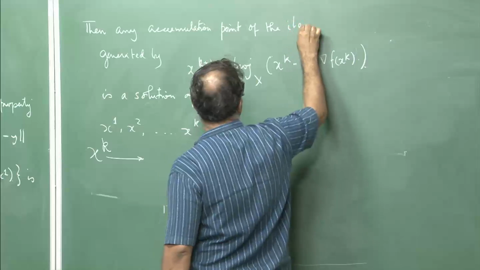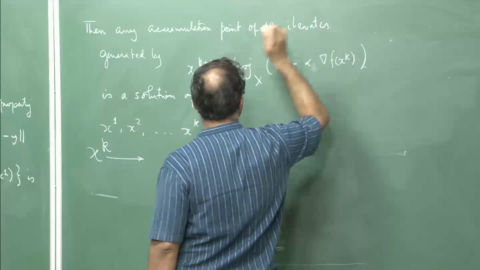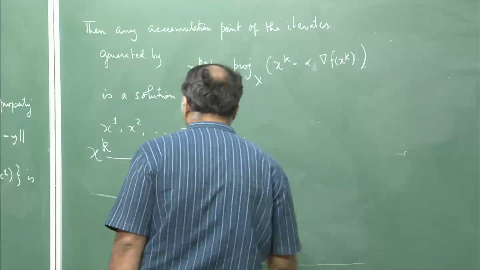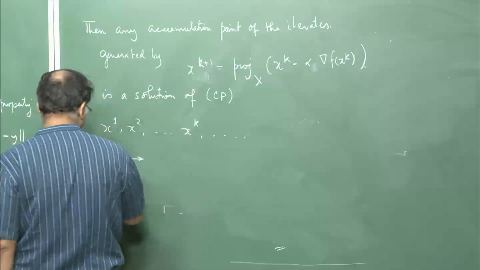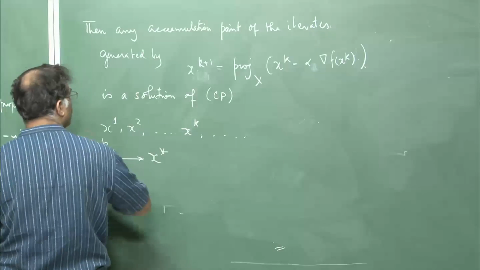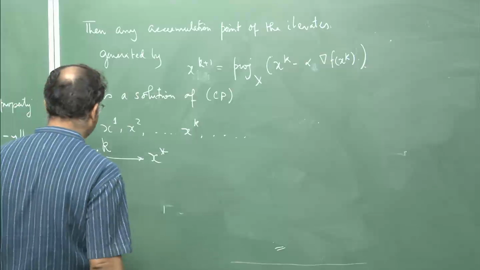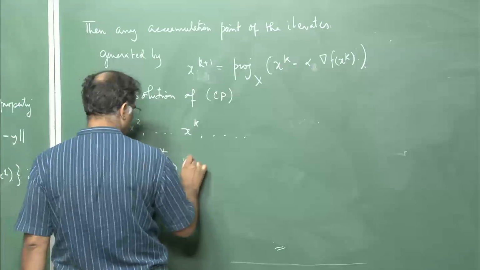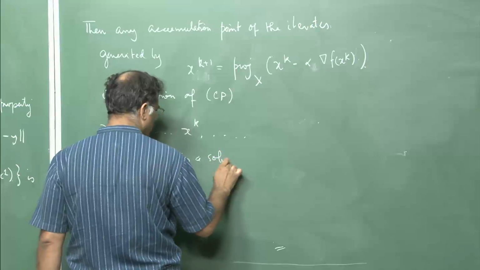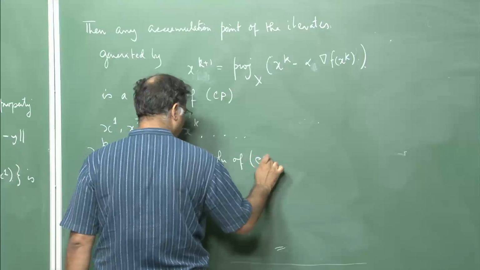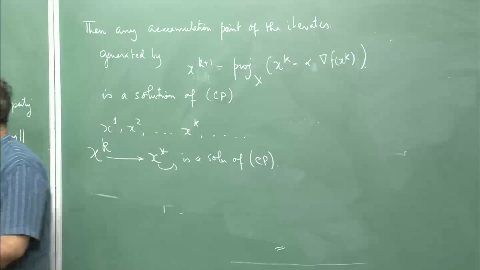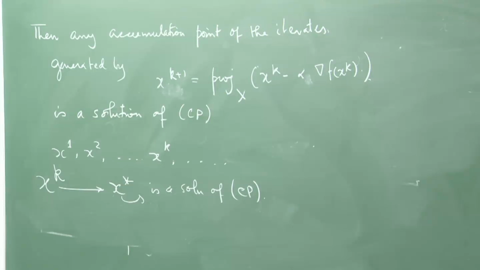It is better to write accumulation point. So, xk is bounded. So, there will be a convergent subsequence which we are not renaming, and it will go to some x star. So, that x star is a solution of CP.